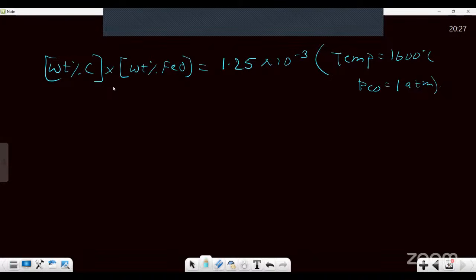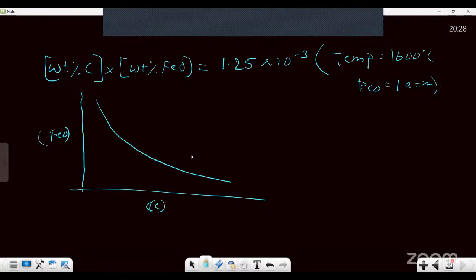Now from here, if you draw a similar plot, where you are taking the FeO content and here the carbon percentage, a similar kind of hyperbolic graph you will get, which means that when my FeO content is increasing, my carbon content is going to decrease.